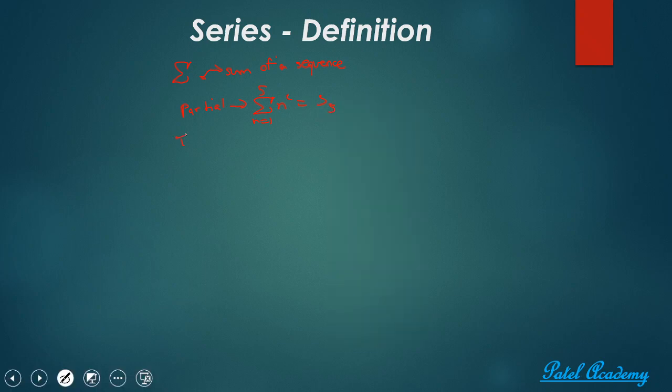However, you can also have an infinite sum. So this is where you'd have the sum as n goes from 1 to infinity of that same thing, n squared, for example. And we call that just the general S_n, or even just S, for the sum of the entire infinite series.